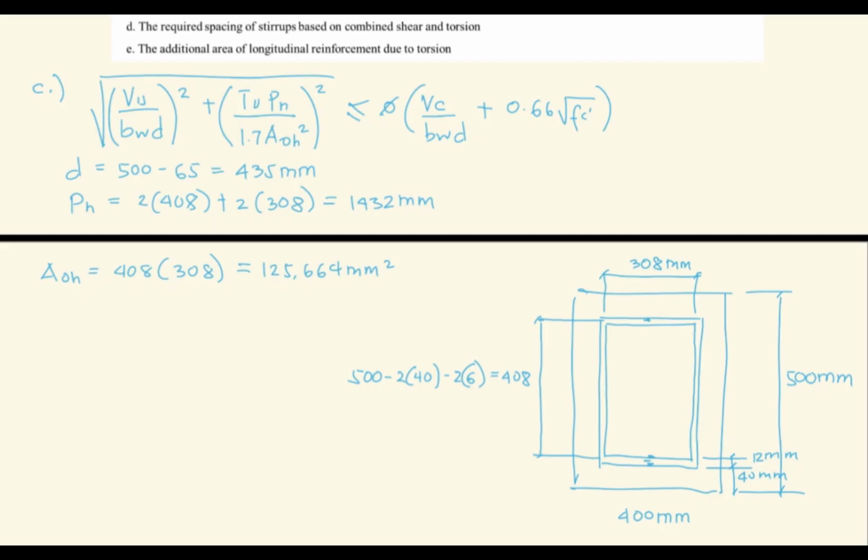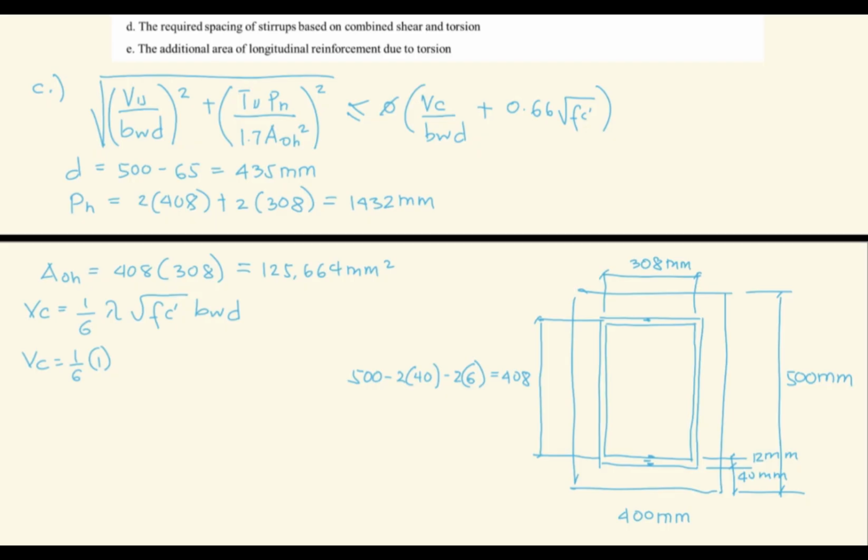Okay. So aside from this, we need to determine VC. So VC is 1 over 6 multiplied by lambda, the square root of FC prime, BWD. So VC is 1 over 6, with a factor of 1, since there is no mention of the unit weight of the concrete, hence we assume it to be normal weight concrete.